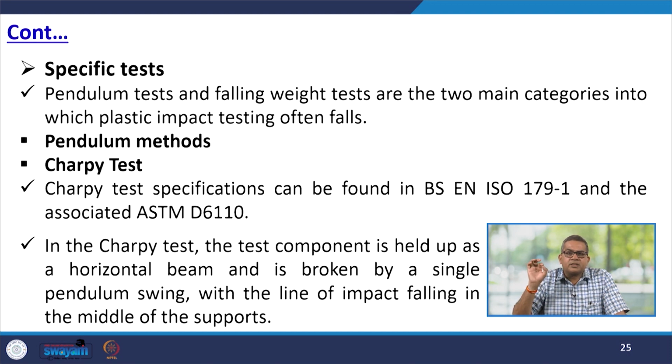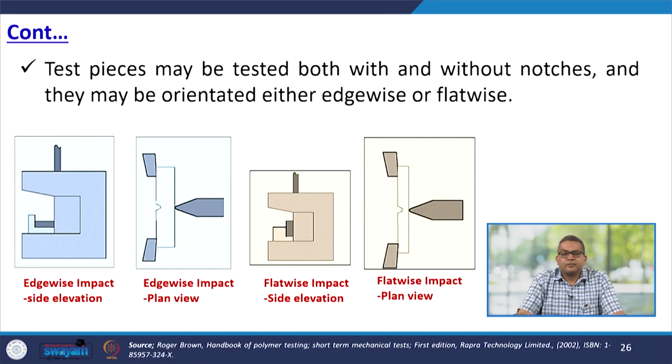In the Charpy test, the test component is held up as a horizontal beam and is broken by a single pendulum swing with the line of impact falling in the middle of the supports. Now, these test pieces may be tested both with and without notches, and they may be oriented either edgewise or flatwise.